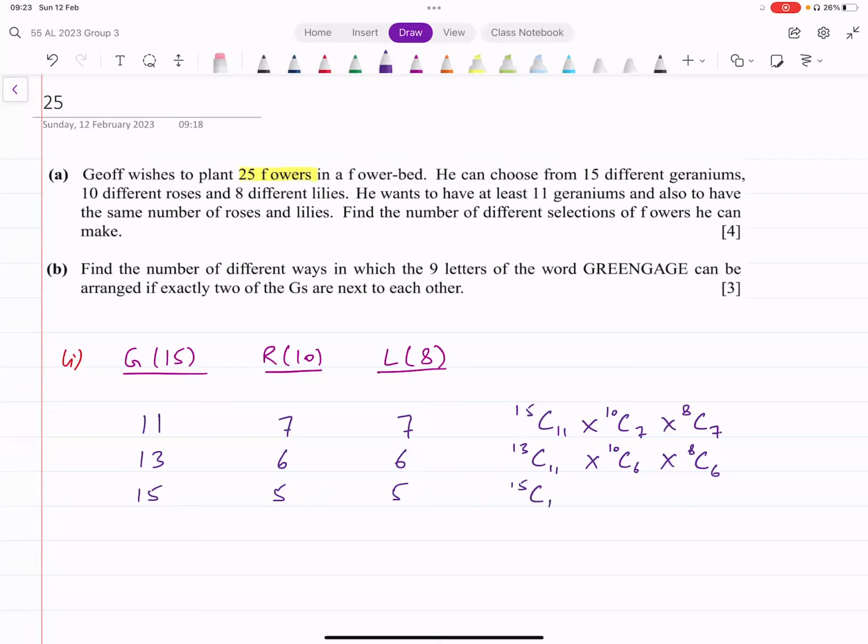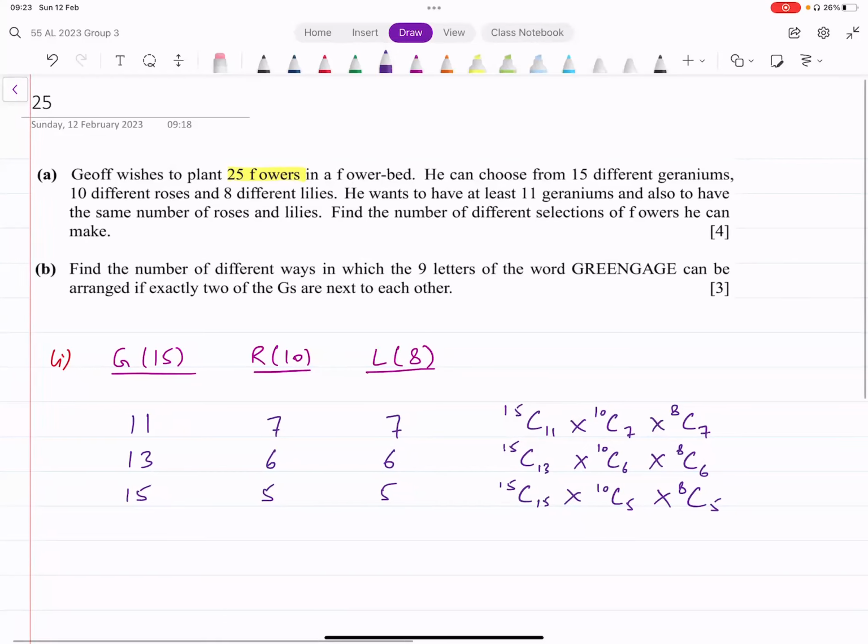I'm sorry, the second was actually 15C13. I think I'm still kind of sleepy right now. It's supposed to be 15C13, and then the last option is 15C15 into 10C5 into 8C5. All right, these are the options that you've got.